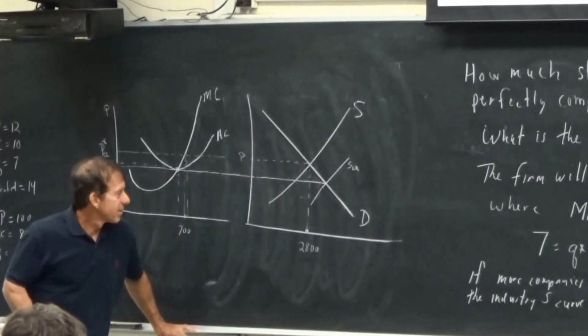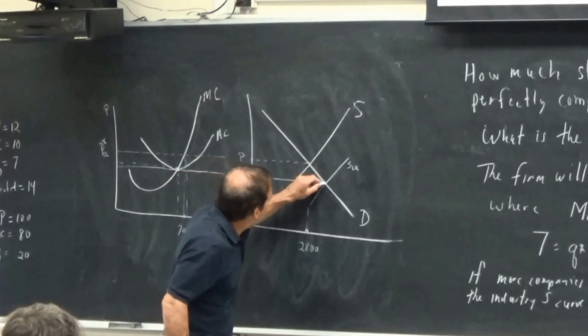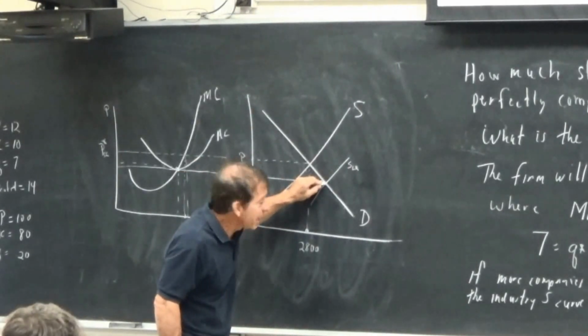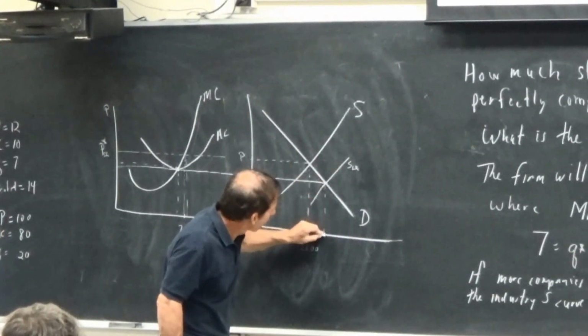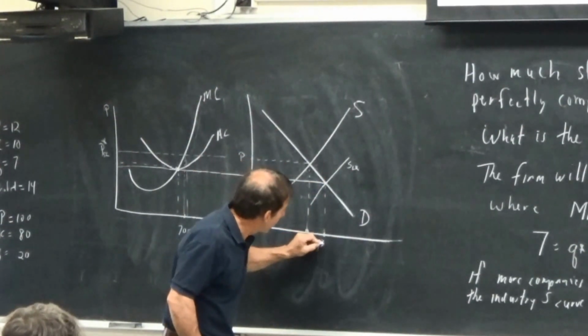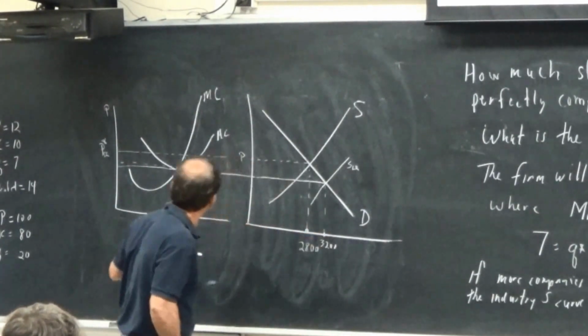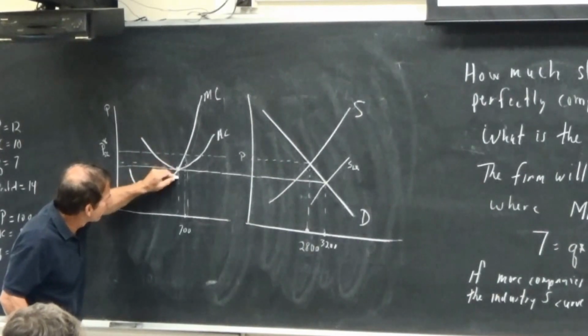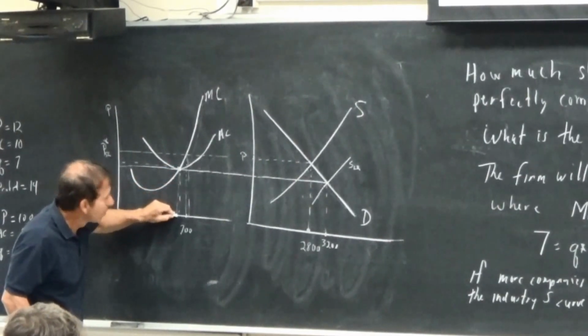Then what happens in the long run? There are more companies that enter, and we can actually figure out how many. What's this number here on your papers? 3,200. And what is the number going down here from your minimum? How much were you producing in the long run?